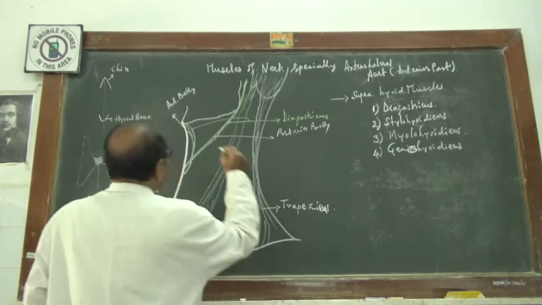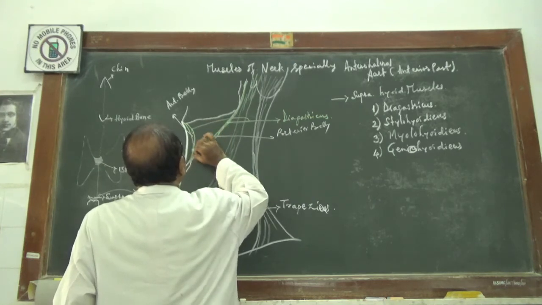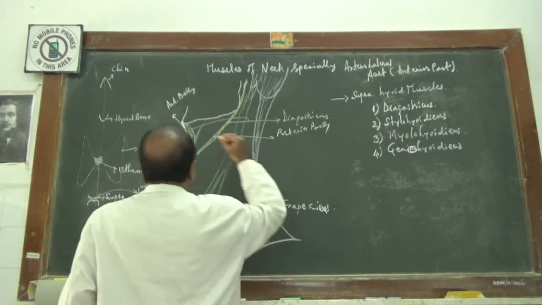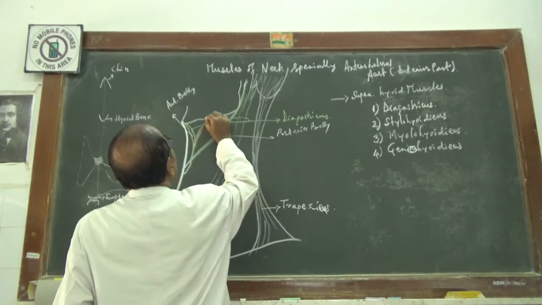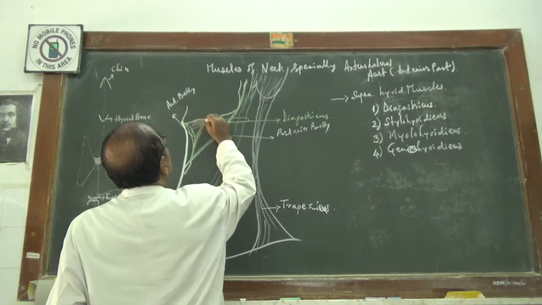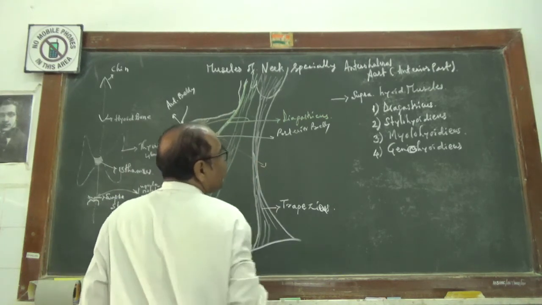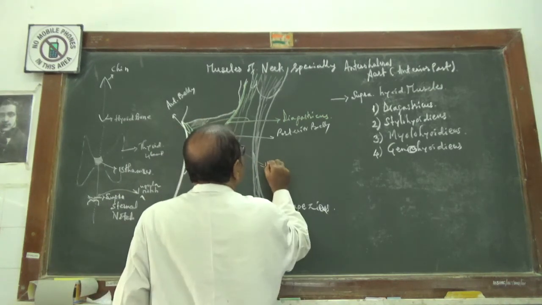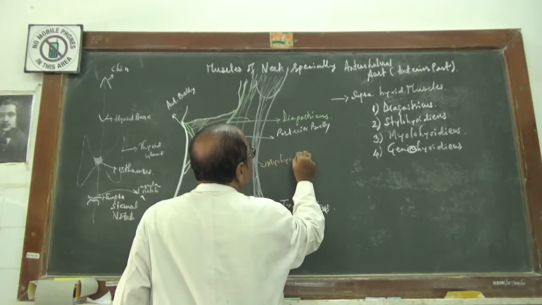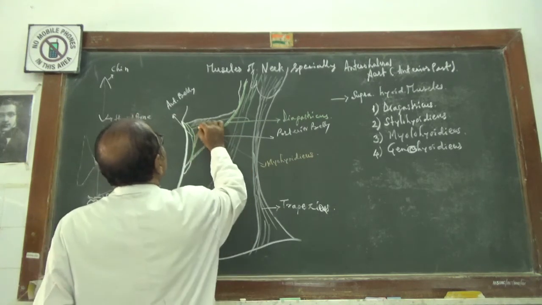Then you have one more muscle. This is the hyoid. I will need to keep different colors. This will be one muscle. This muscle is called mylohyoid.